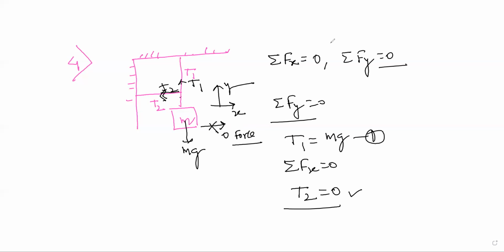Now I am also proceeding to a new question. Suppose we have been given a case like this. This is 60 degree. Suppose this is alpha, theta.